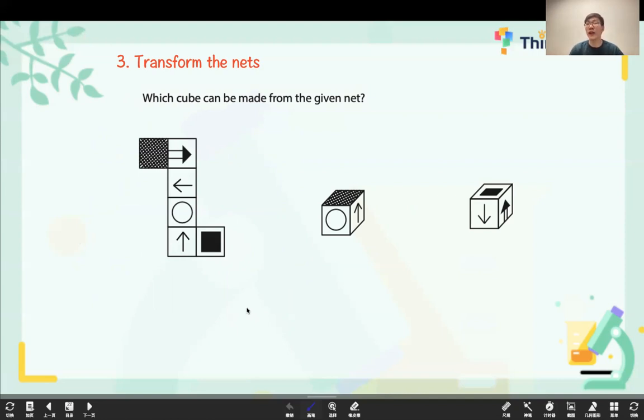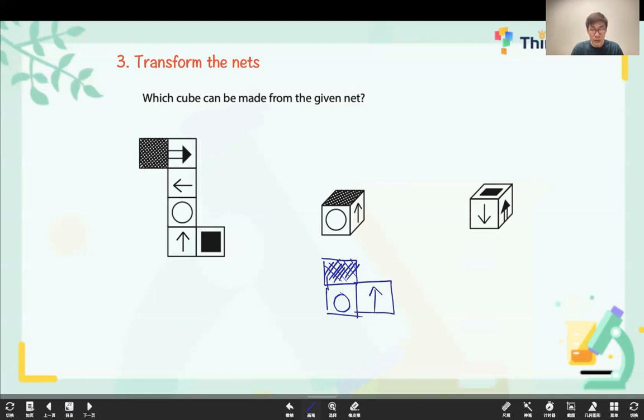So I'm not too sure using step 1 and 2 if they're correct or incorrect. Here's what we do for step 3, which uses transforming nets. We open the net of the cube by what we can see. So this one is going to have a circle in the middle, mesh on the top, and an arrow pointing upwards.